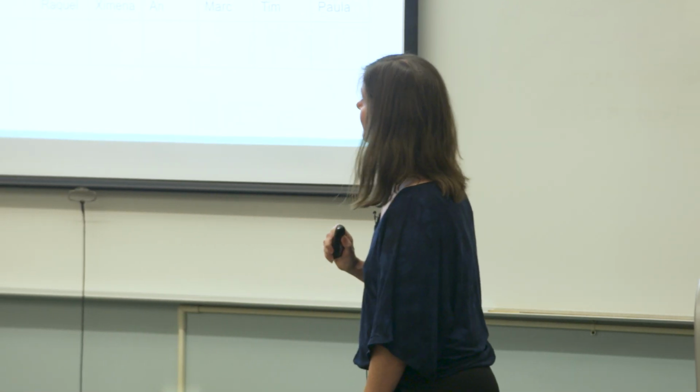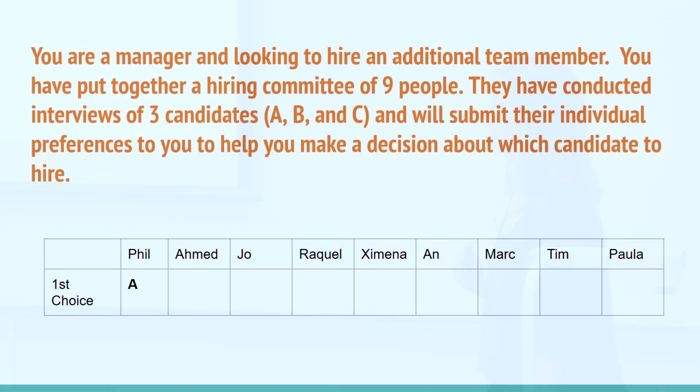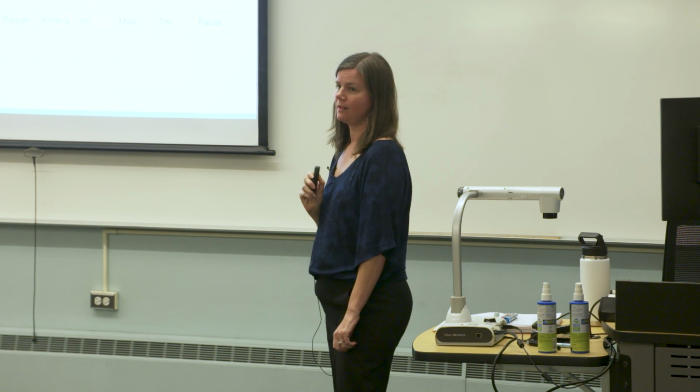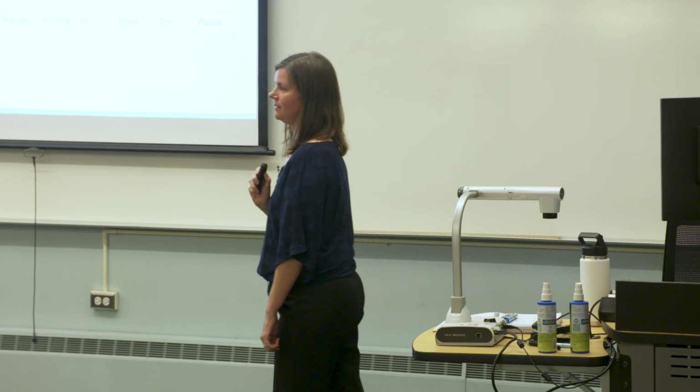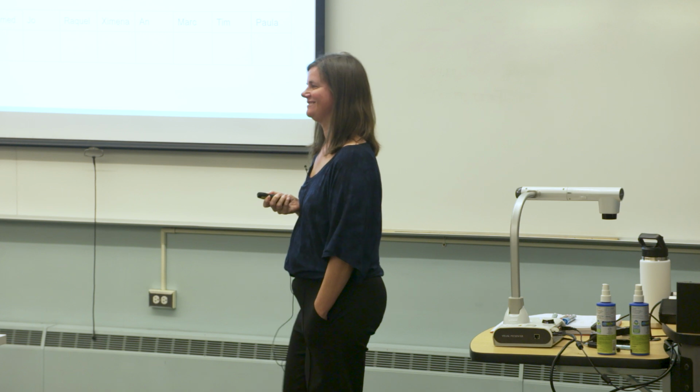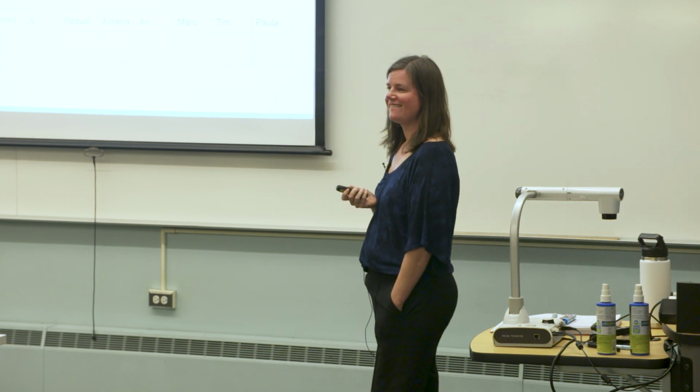Okay, what if this is the information you're given? What candidate do you go with then? Right, only one person voted. So you don't know what anyone else thinks. All you know is what Phil thinks. But that's all the information you have. You have to vet Phil.